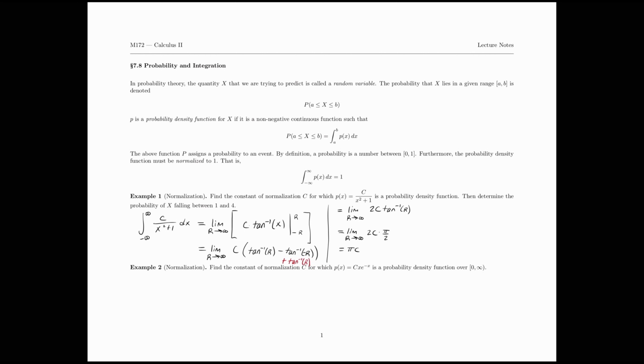Now, since we want this to be equal to 1, let's in the very beginning just say 1 is equal to this, and then go through everything. So this implies 1 is equal to pi times c, which implies c is equal to 1 over pi. That is our normalization constant. So our probability density function is actually 1 over pi times x squared plus 1.